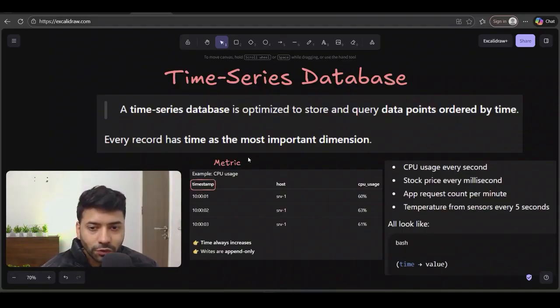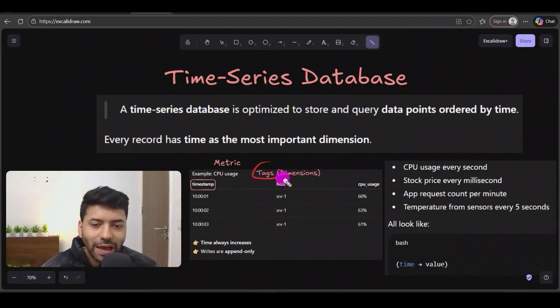So we have metric, we have timestamp. Next, things like host or region come under tags or dimensions. And then finally we have the value. So these 4 are the core concepts of a time series database.